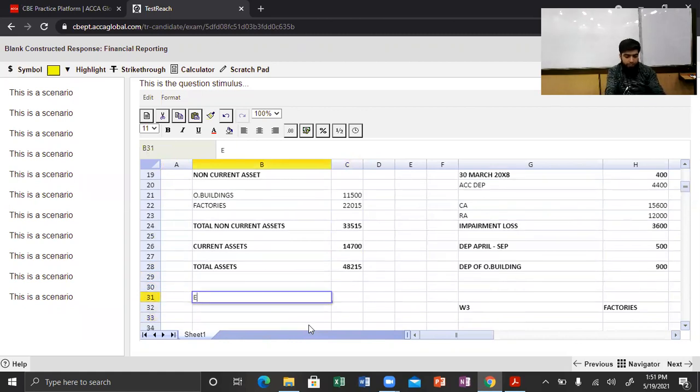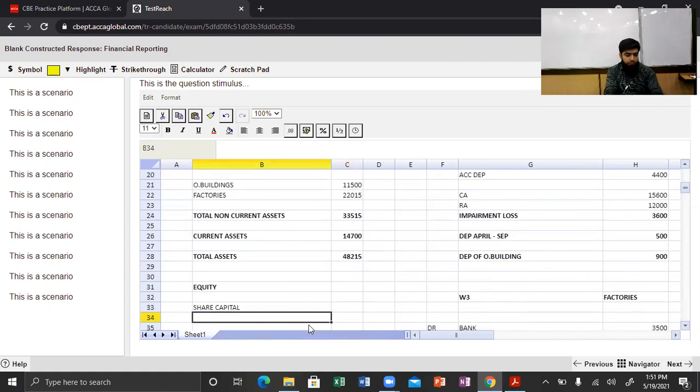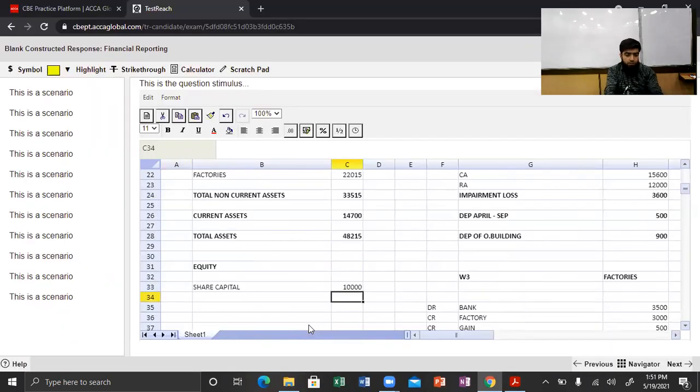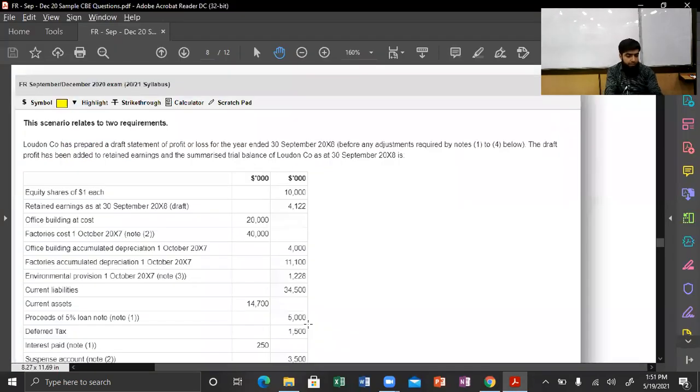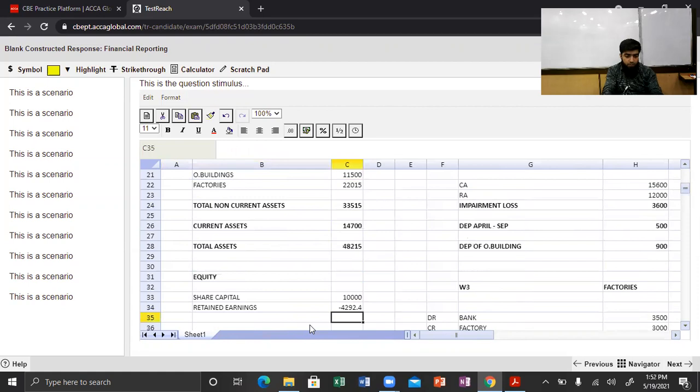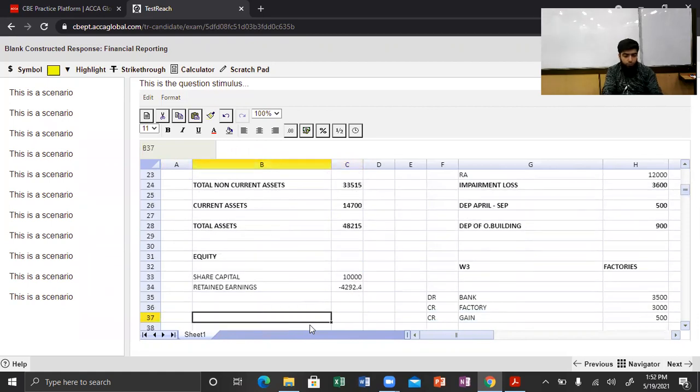Now let's move on to the equity side. Share capital will always be there in the question. Share capital, the first line item, is $10,000. What else? Retained earnings, and the retained earnings adjusted balance we have calculated, that is 4292.4.